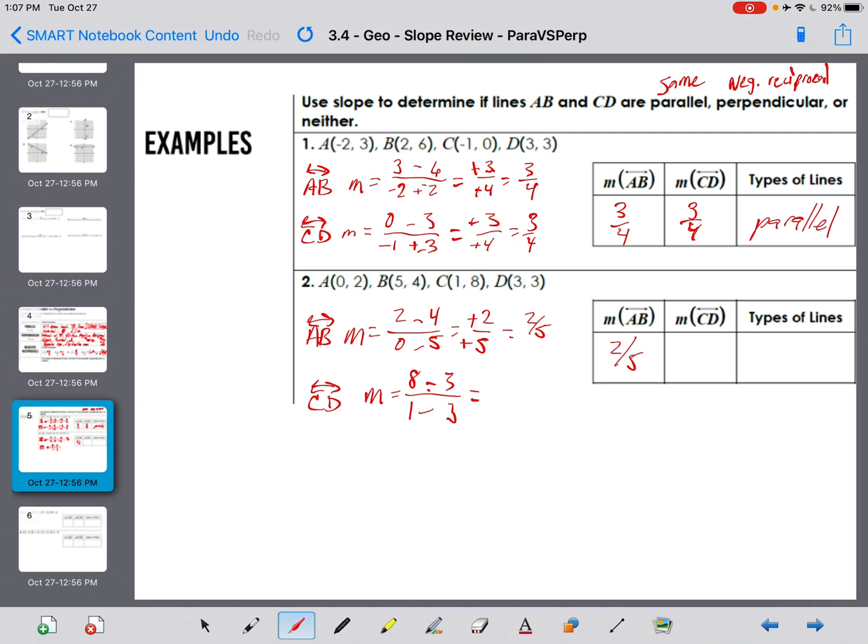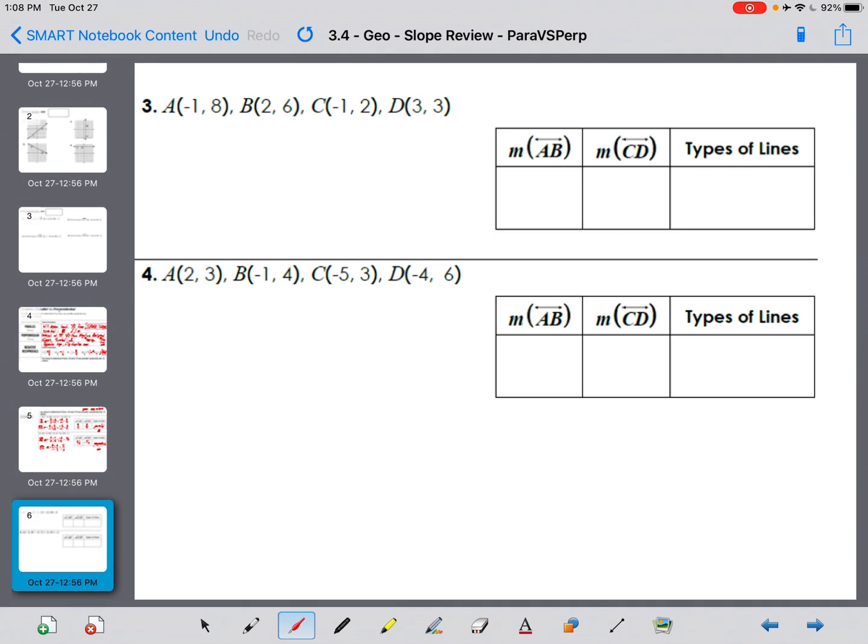Y on top, x on bottom. 8 minus 3 is going to be a 5. And 1 minus 3 is a -2. That's -5/2. It is a flip over. The signs are opposite. So that makes them perpendicular. I think it's supposed to be E-N. Yep. And if you need the symbols, parallel, perpendicular.